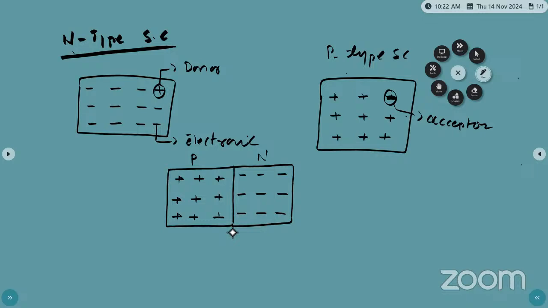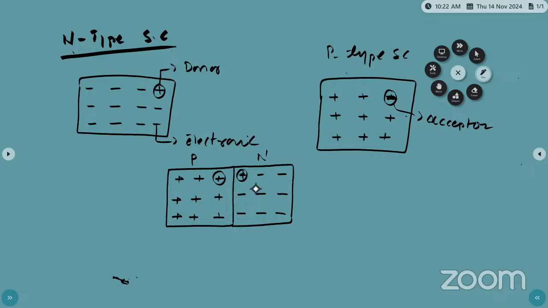Now, by joining the P-type and N-type semiconductors, the excess electrons from the N-type semiconductor are ready to donate electrons, and the P-type semiconductor is accepting the electrons. After donating one electron, it forms a donor ion. After accepting one electron from the N-type semiconductor, it forms the acceptor ion.